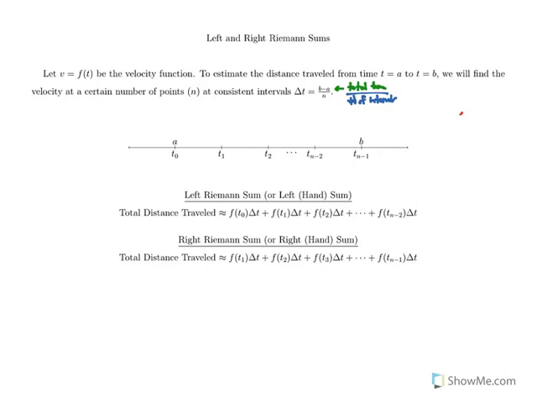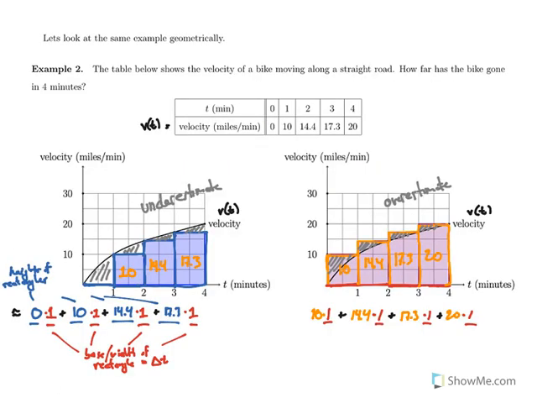So if we go back to some previous examples for a second, in our first example, we said delta t was 1, but we could also say this is 4 minus 0 divided by 4. We have 4 different intervals that we're looking at, the first, the second, the third, and the fourth minute.